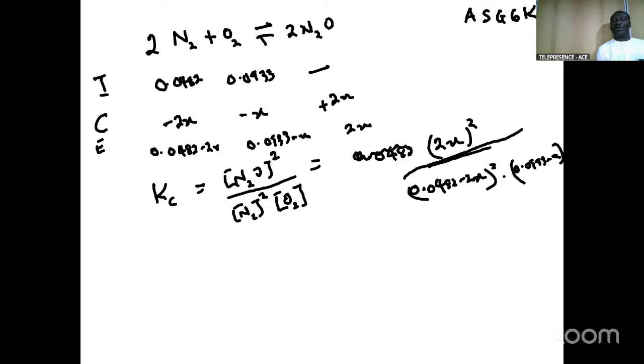Okay, a very easy way out of this problem really is because when we look at the value of the equilibrium constant, you can see it's very, very small, as in extremely small. We got a value of 10 to the power of minus 30. The implication of this is that the amount of x that has dissociated from N2 and O2 is very, very small compared to their initial concentration.